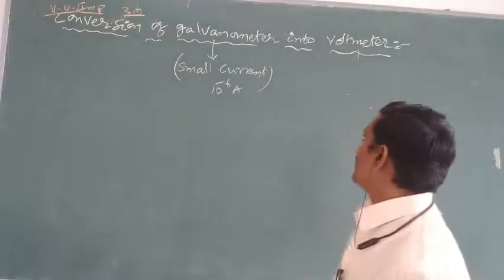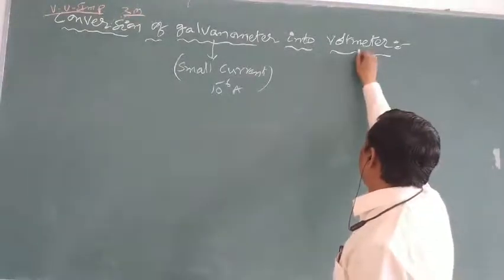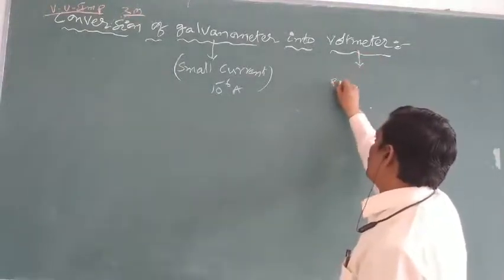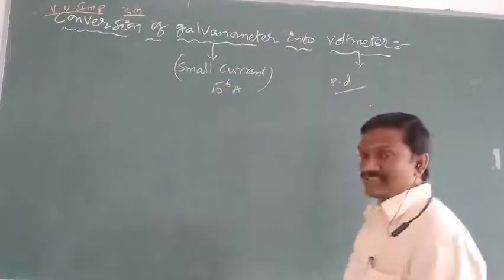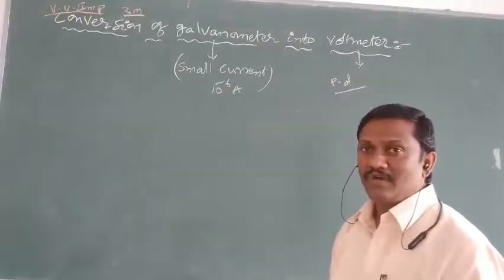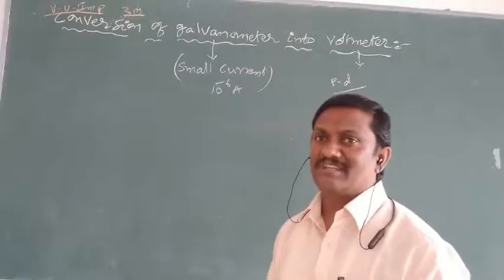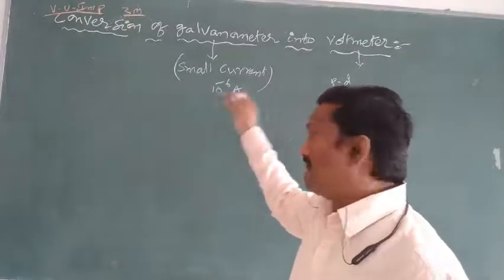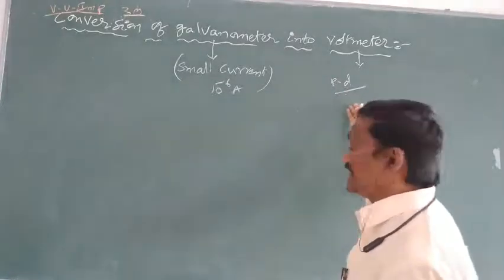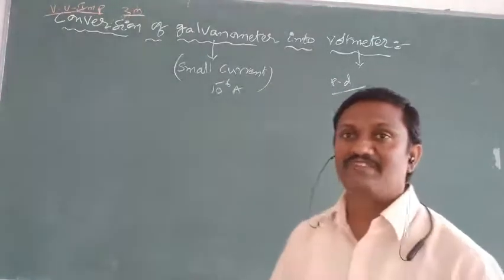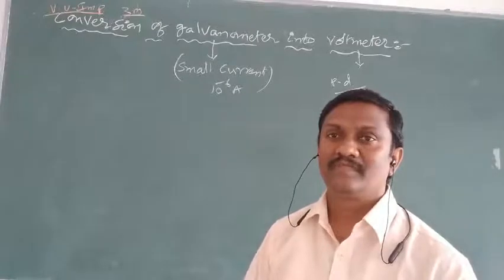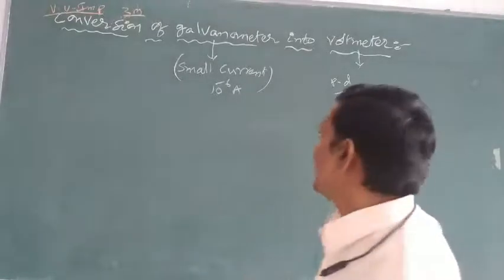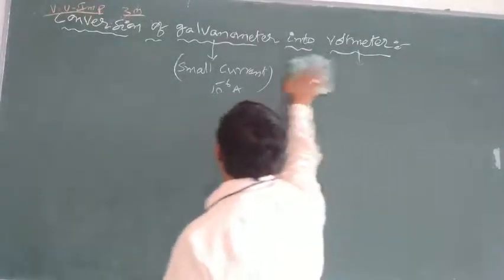After converting it becomes a voltmeter. With the help of a voltmeter we can measure the potential difference between 2 points. So that is about the difference between a galvanometer and a voltmeter.